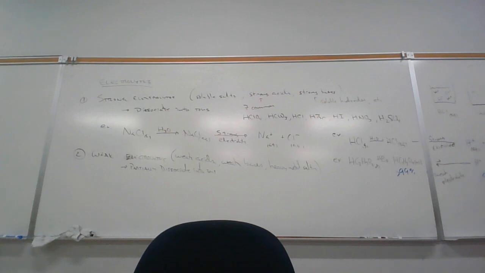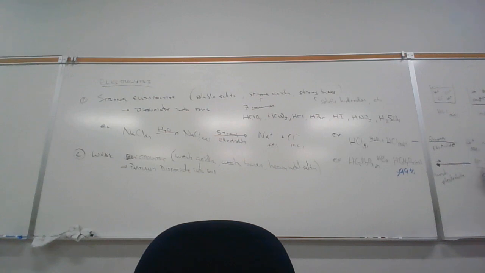Most of the acetic acid will be as molecules of HC2H3O2. So let's say I had 99 HC2H3O2s, then one of those will be broken up into H plus and C2H3O2 minus ions. So it's mostly molecules of acetic acid and very few ions.